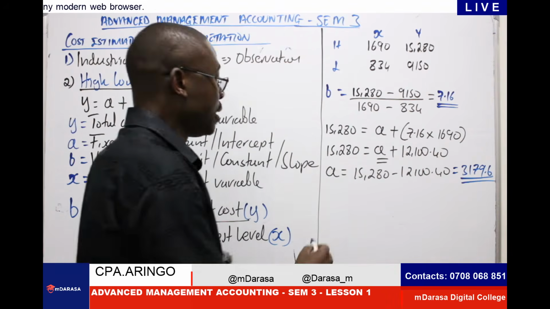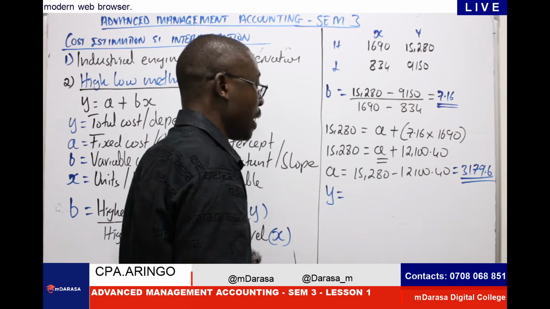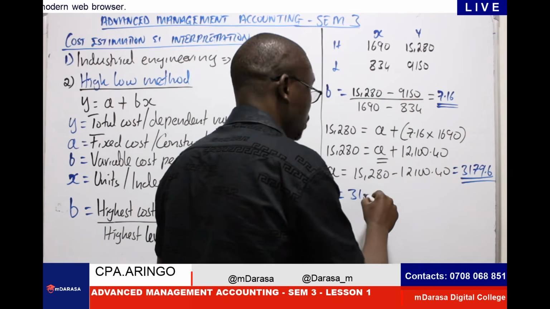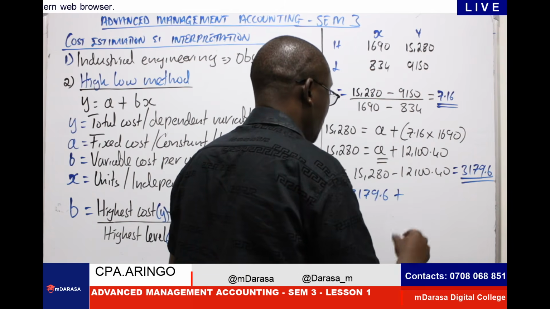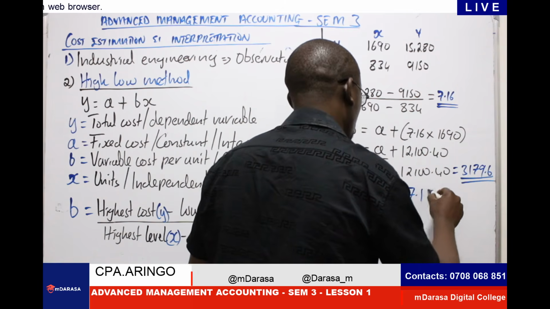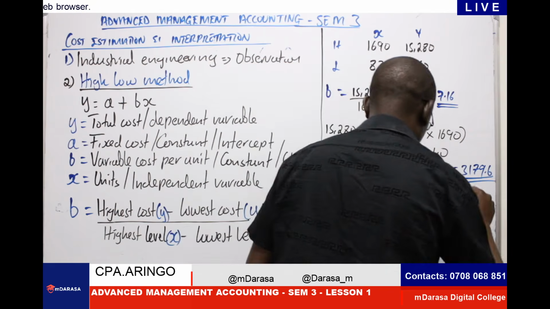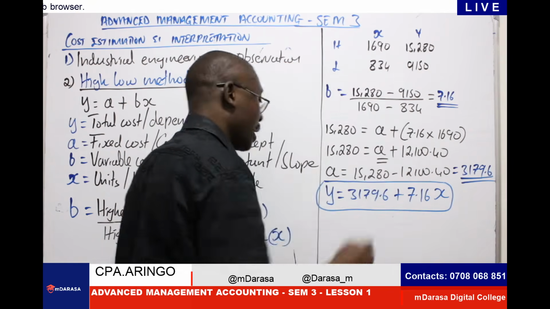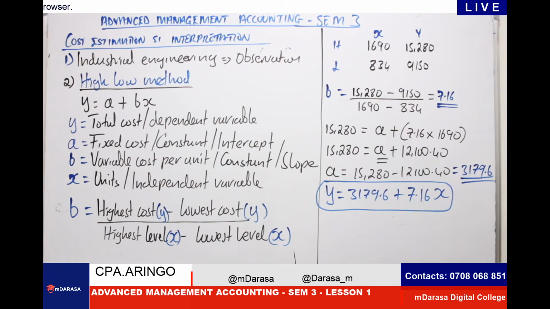So easily we can agree and say that my equation would be y is equal to 3179.6 plus my value b, 7.16, times x. As simple as that. You determine your equation. See, how many minutes has that taken for us?